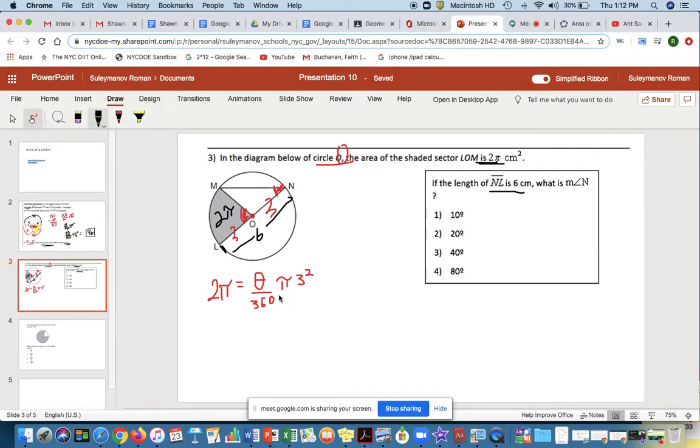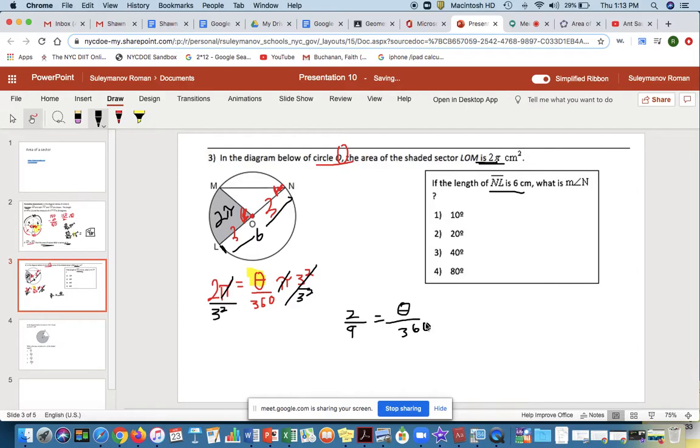So now your goal is to figure out this angle. That's what we want to know. So what we're going to do is cross out the pi's. They're on each side. And the first thing I want to do is divide by 3 squared. So dividing both sides by 3 squared, this gives me 2 over 9 equals the angle over 360.